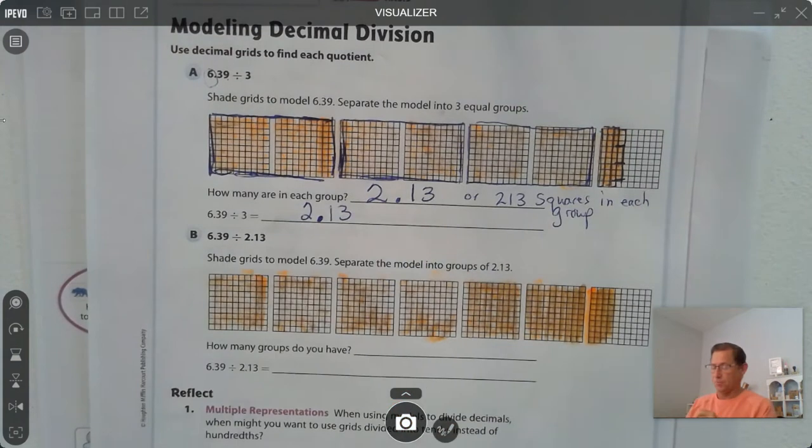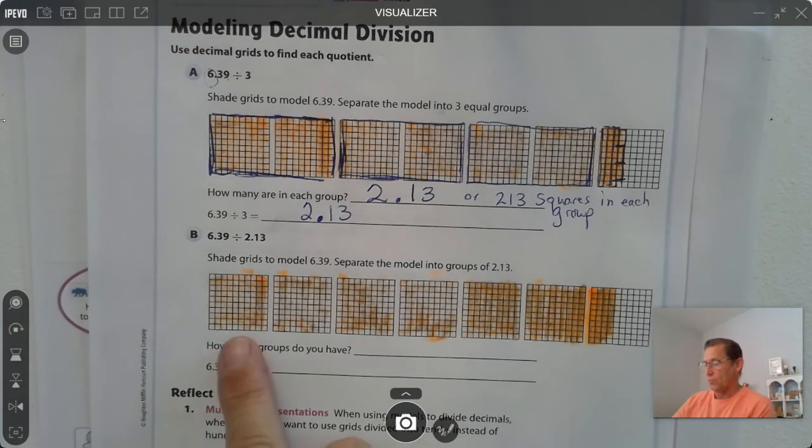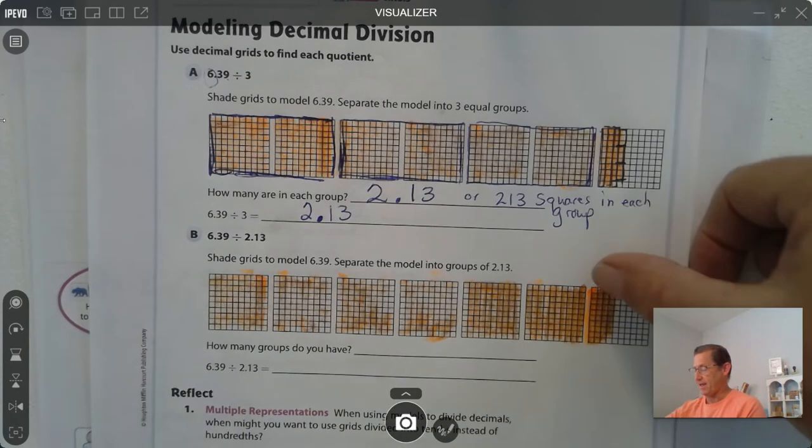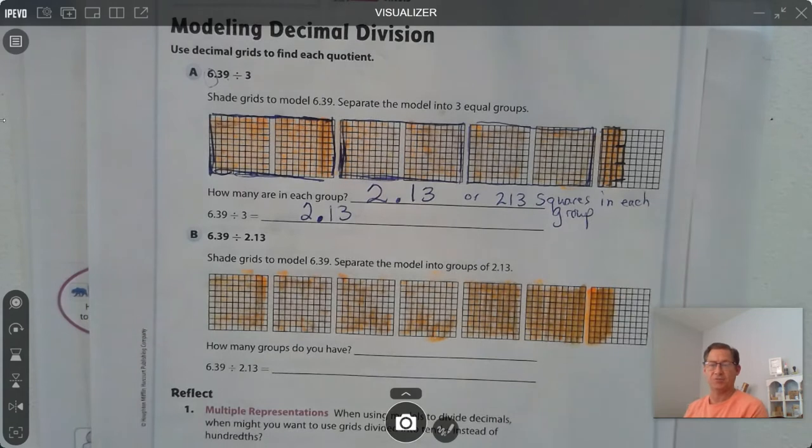All right, so we have 6, 1, 2, 3, 4, 5, 6, and 39 hundredths.